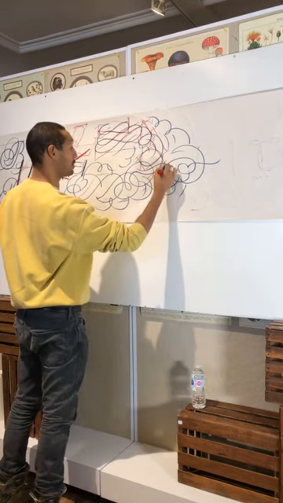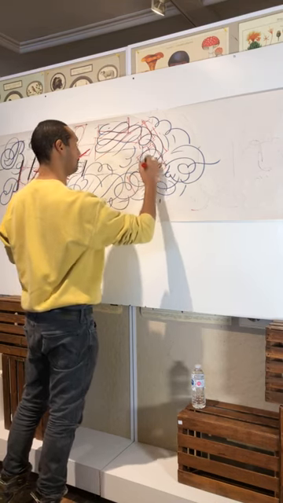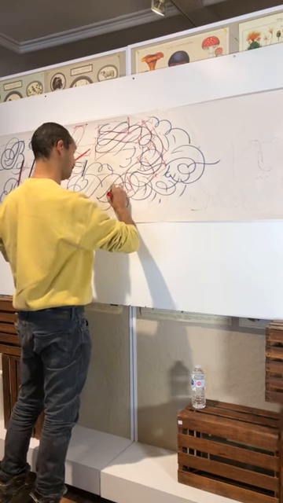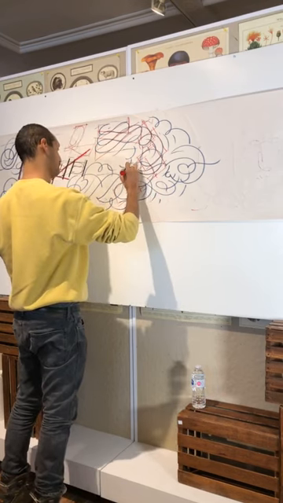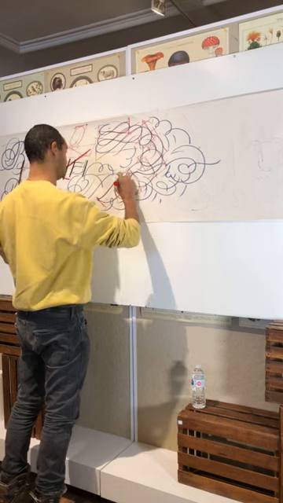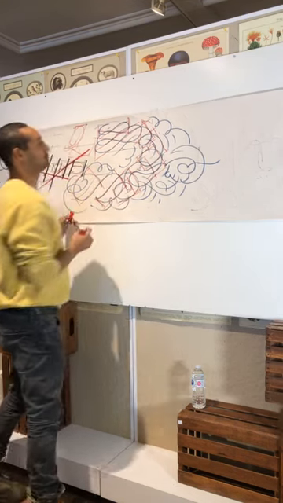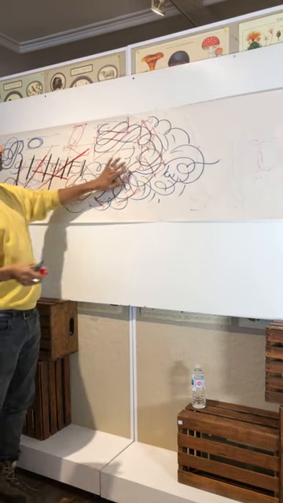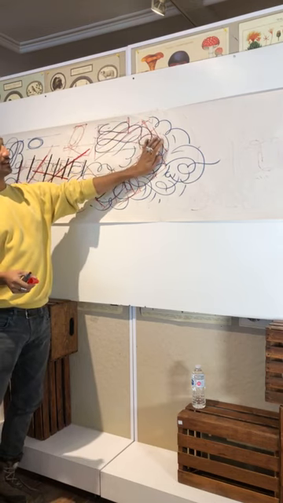I would probably even bring this all the way down here. So we see two different structures. We see a vertical and a diagonal, and we see two sets of diagonal lines.